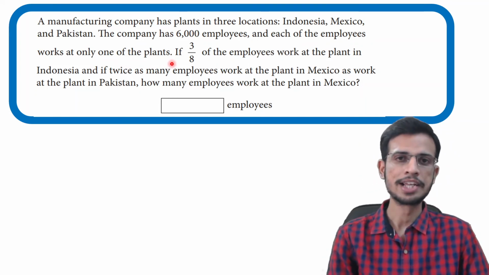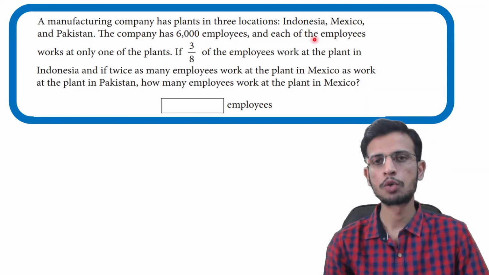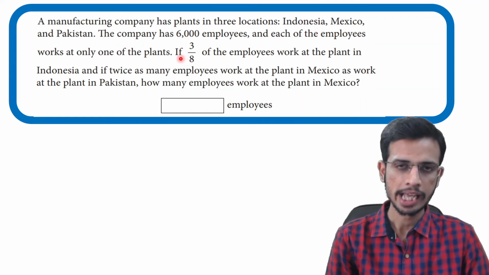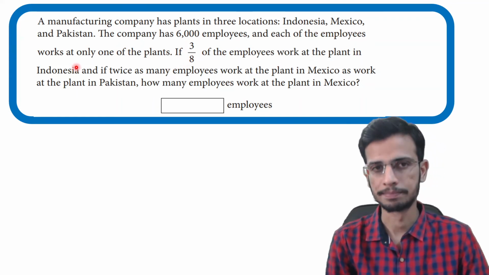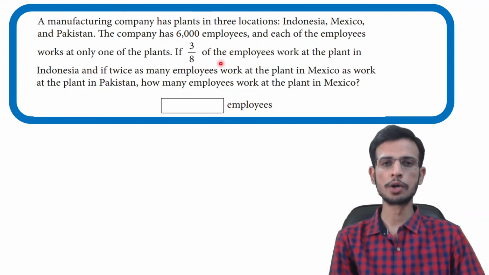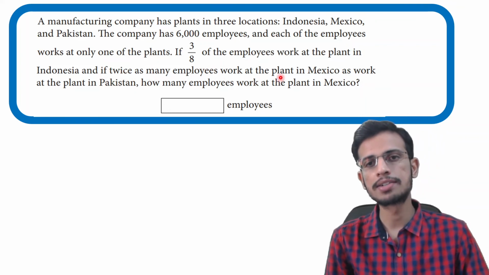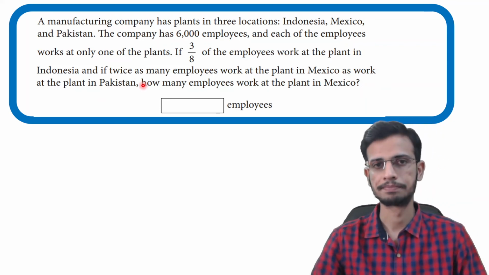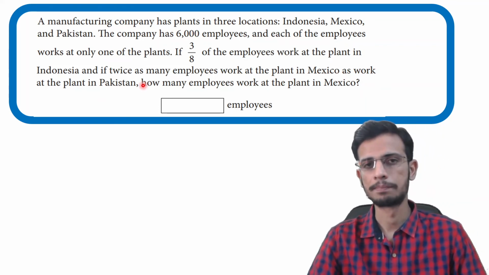If 3 by 8 of the employees work at the plant in Indonesia, 3 by 8 of 6,000 employees, and if twice as many employees work at the plant in Mexico as work at the plant in Pakistan, then how many employees work at the plant in Mexico?